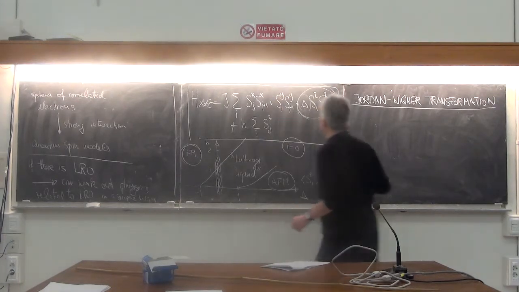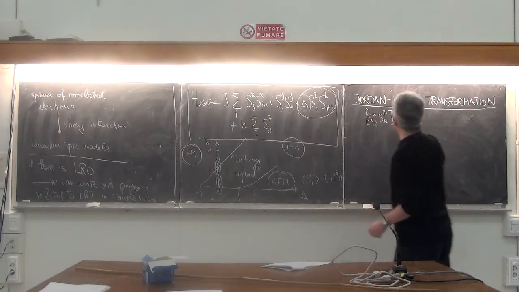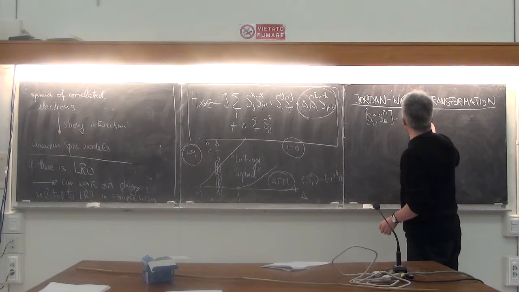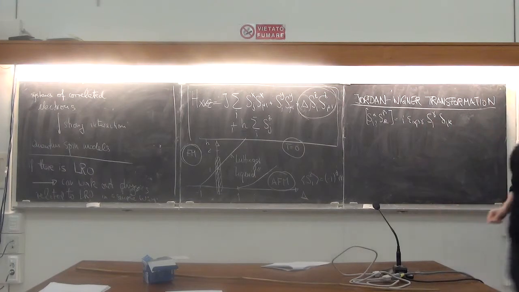So these are my quantum spin operators. I have [S_j^α, S_k^β] = i ε_{αβγ} S_j^γ δ_jk, so they fulfill the usual angular momentum algebra.